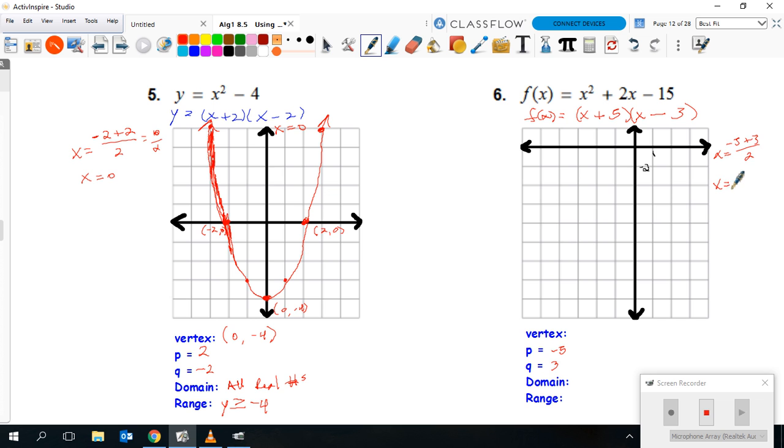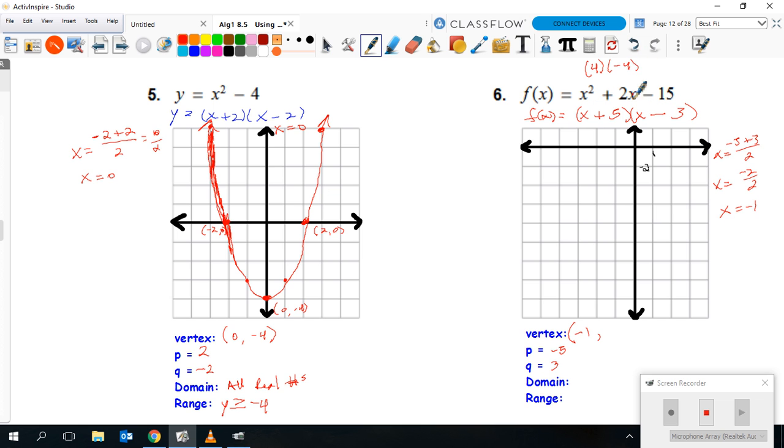That's going to end up being negative 2 over 2, so negative 1. X is equal to negative 1. That's the x-coordinate. Plug that in. We can plug it back in either up here or inside here. It doesn't make any difference. If I plug it into each binomial here, negative 1 here will make this a 4, and negative 1 here will make that a negative 4.